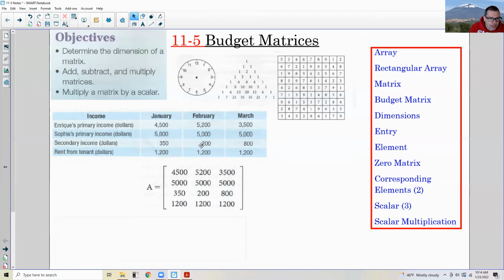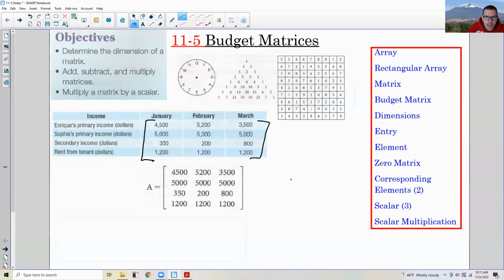This is just the same exact order. So all I had to do is put brackets around it, and that is a matrix. Okay, all numbers in a certain order. Okay, a budget matrix is a rectangular array of budget entries. So this is a budget matrix.